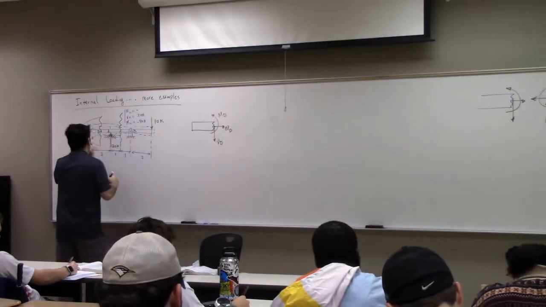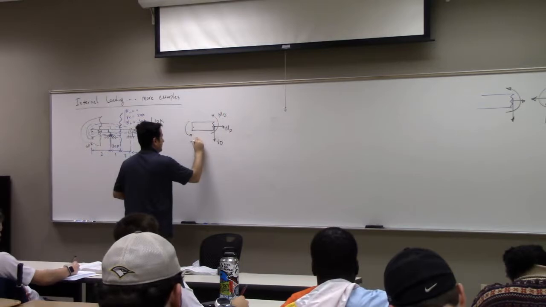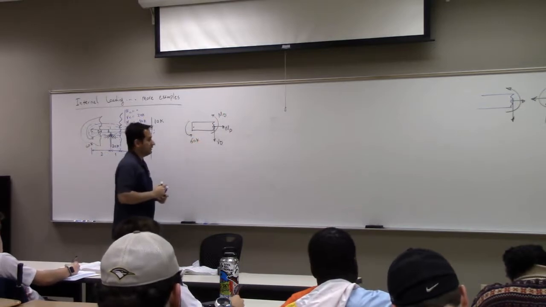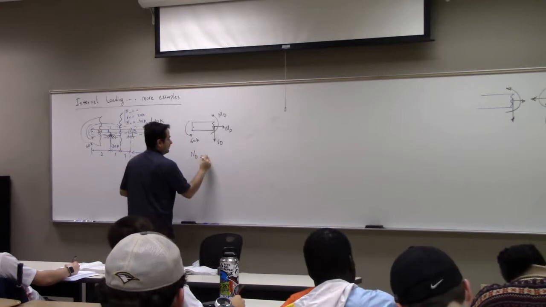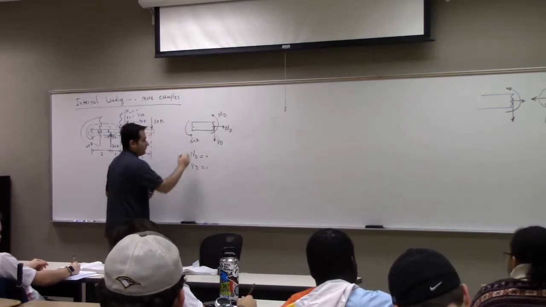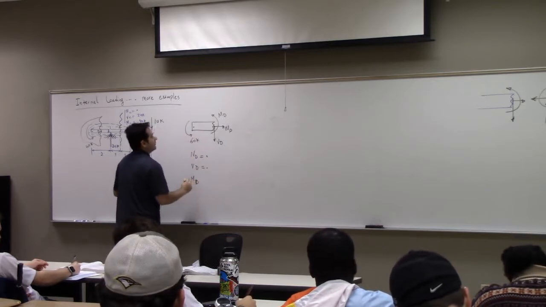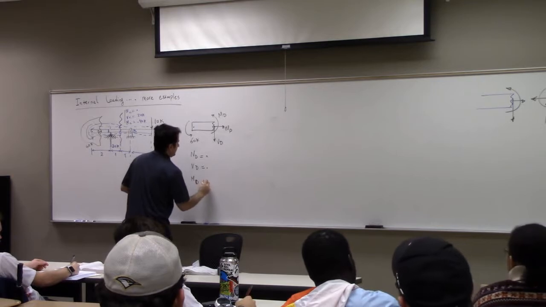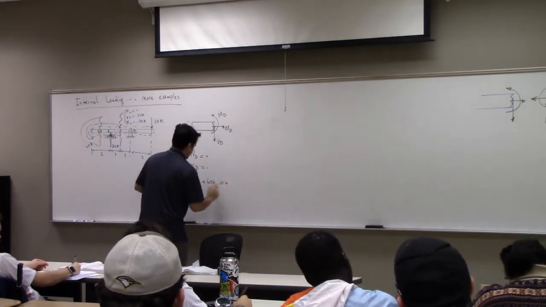And the next thing I have is only a 60K, right? So if I write equations, I get Nd is equal to 0, Vd is equal to 0, and then for moment, you get Md plus 60K is equal to 0.